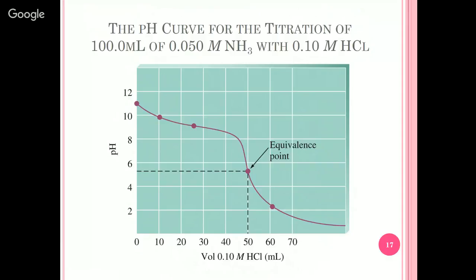Whatever concentration that is, we set up an ice table, find the Ka, use the equilibrium expression, solve for H3O+, and calculate a pH. Anything past this point, the only thing determining the pH is how many more moles of HCl we have added. And keep in mind, past the equivalence point, it's not concentration, it's number of moles, right? Moles comes from multiplying volume times molarity. So initially, it's an ice table using the Kb.